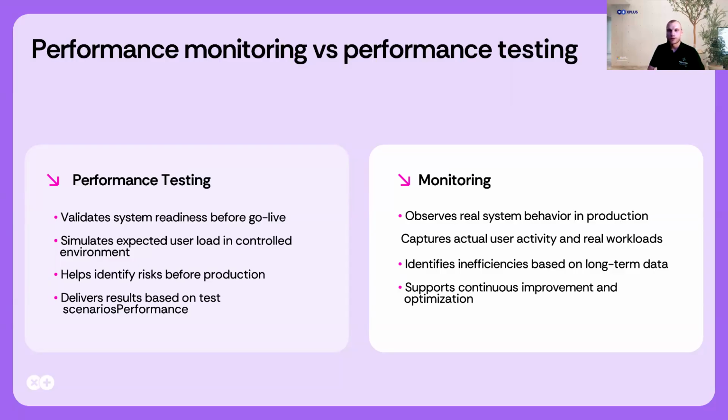But if the problems already appear on the production environment, and we know that we have issues, we know that the system is slow, testing will not help us. Testing is to find out those issues, but if they are already there, monitoring is a much better option to monitor day by day performance and find out the real root causes of those issues.